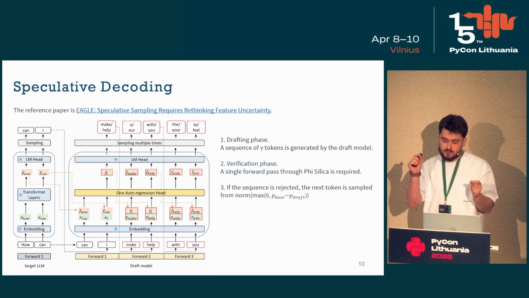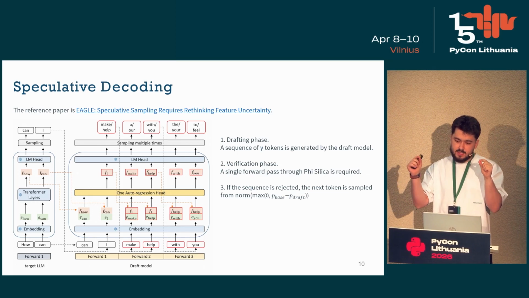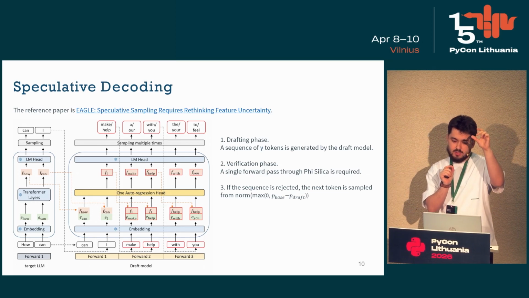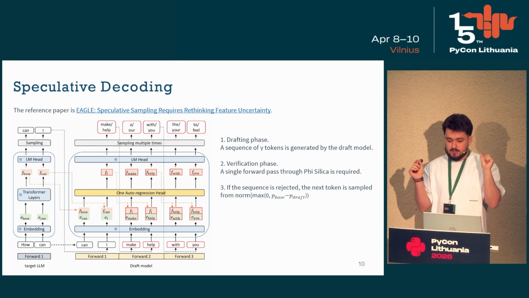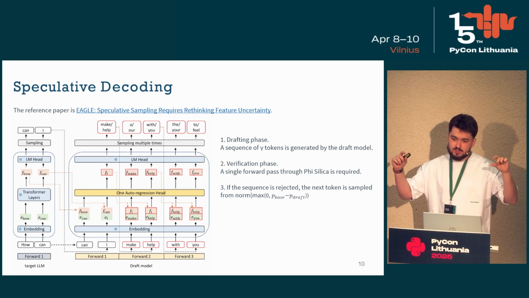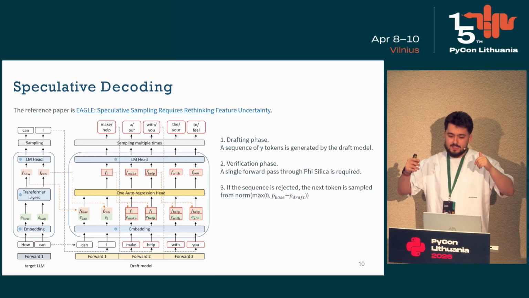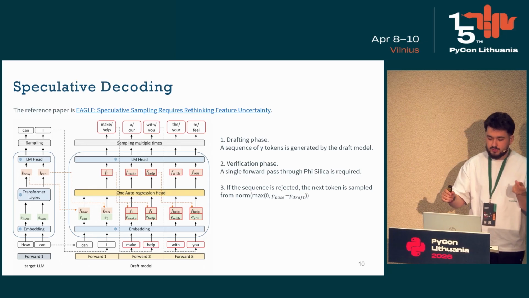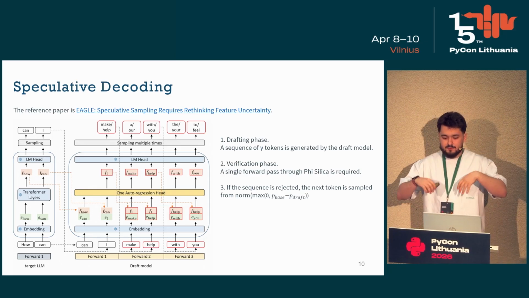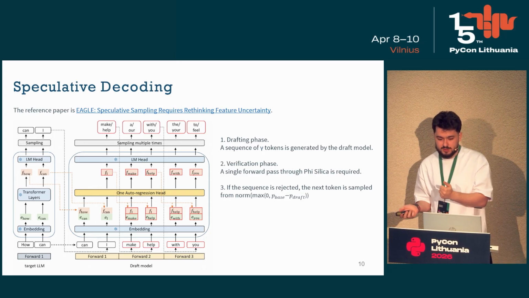Then if the first token of the sequence generated by the draft is the same as the only token generated by Phi Silica itself, if they match, then we accept the whole sequence of draft tokens. Thus, we can save the number of end-to-end next token generations by relying on the speculation from the draft model.